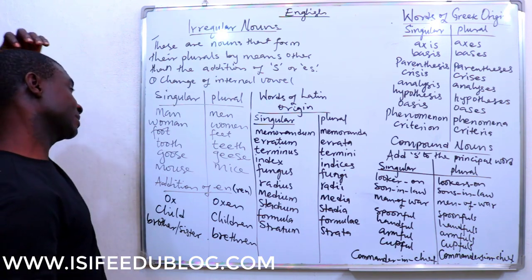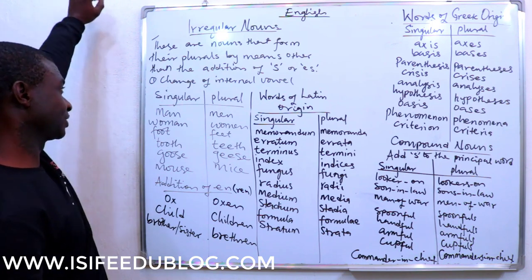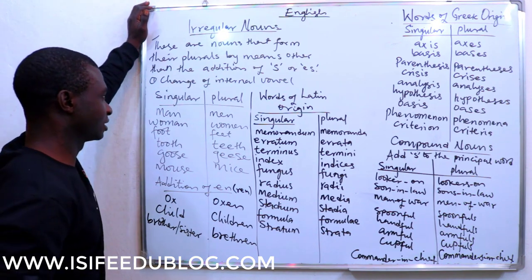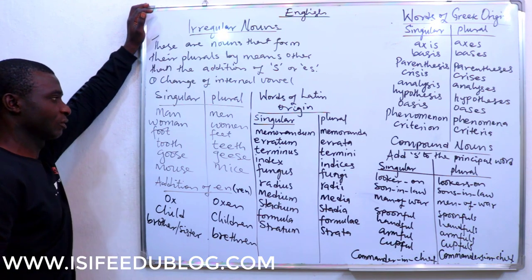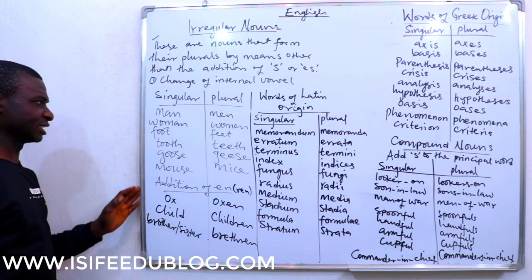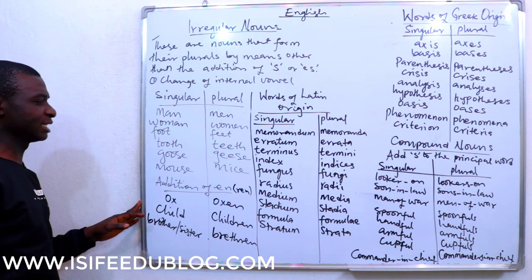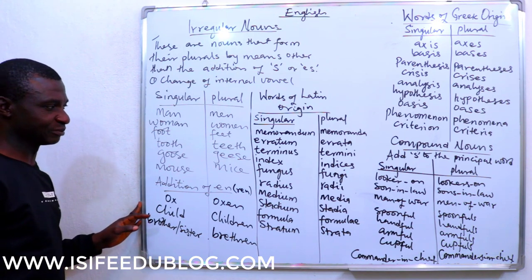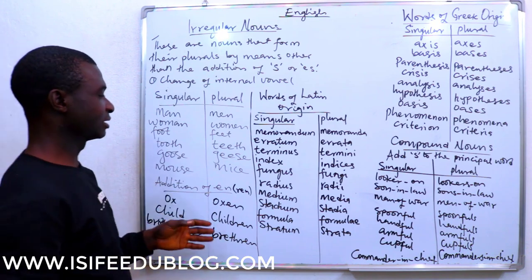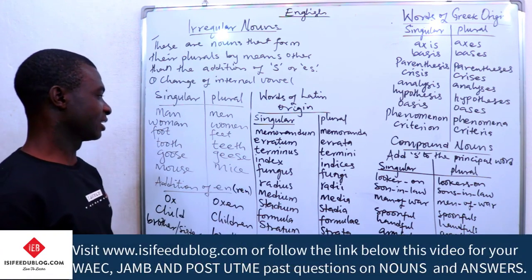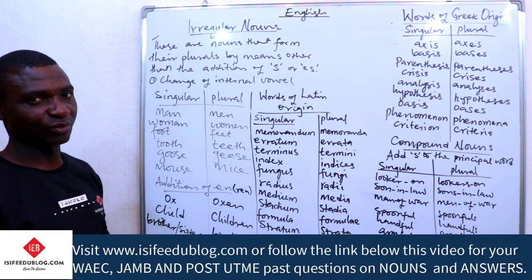Now, the first thing is that there is a change in internal vowel. Even when this is popular, I hear so many people say, my teeth is paining me, which means they regard teeth as a singular, right?